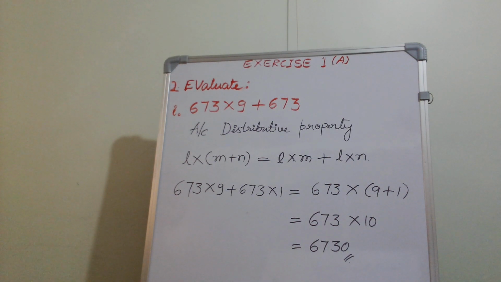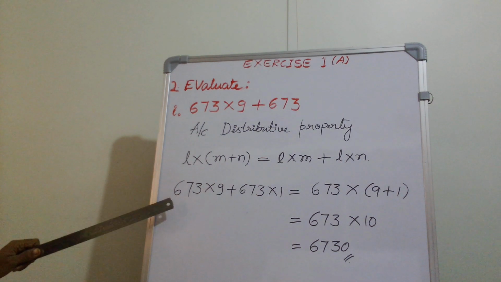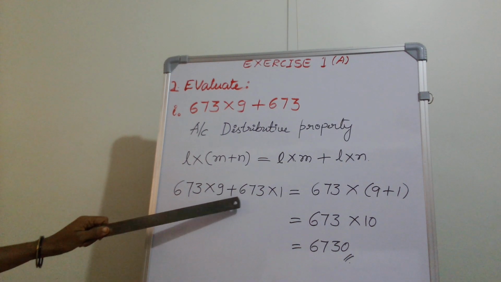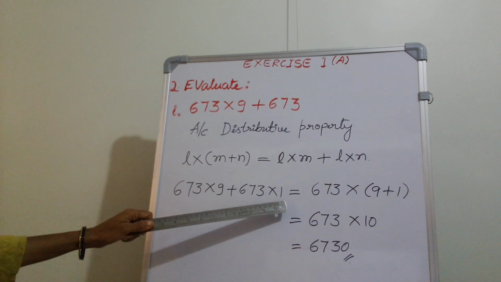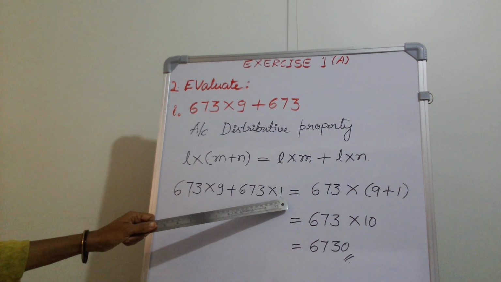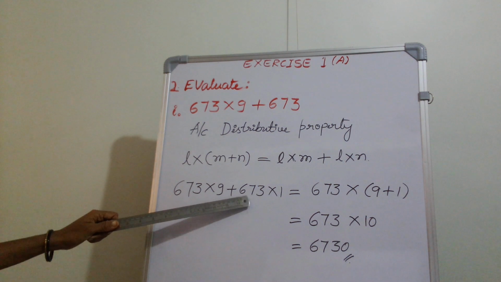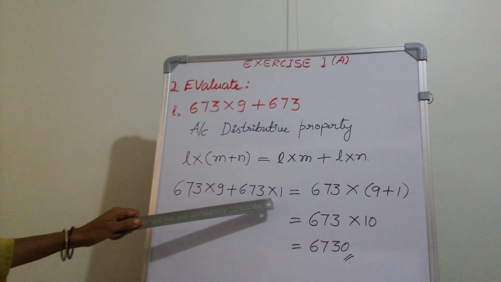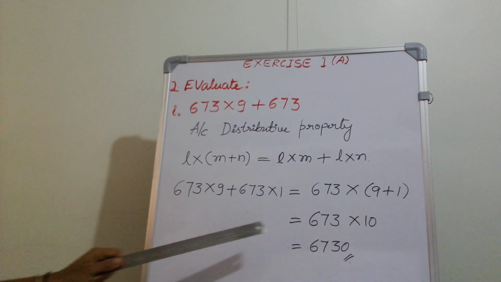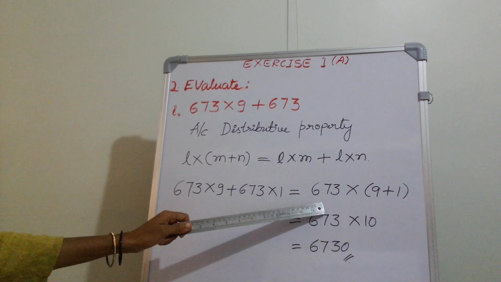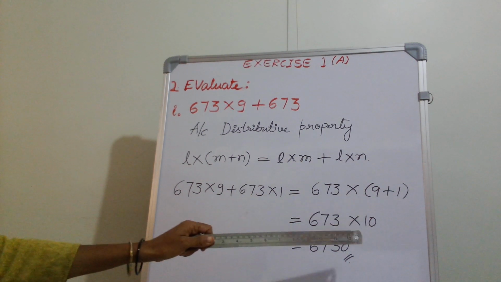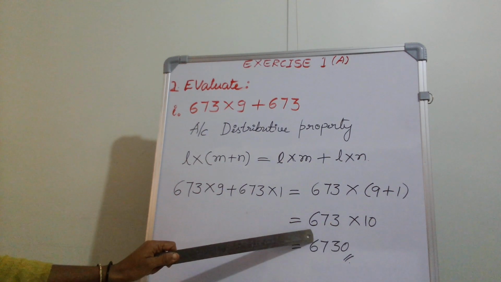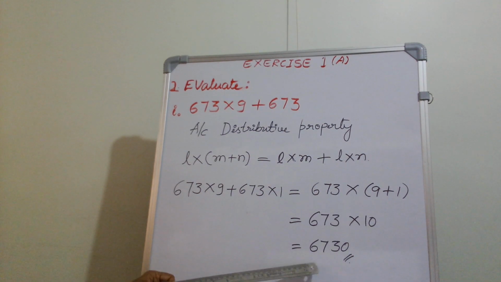According to the distributive property, 673 into 9 plus 673 into 1 doesn't change the problem, right? 673 into 1 is the same as 673, because 673 ones are 673 only, which is equal to 673 into 9 plus 1 is 10. 673 into 10, which is equal to 6,730. Hope you understand.